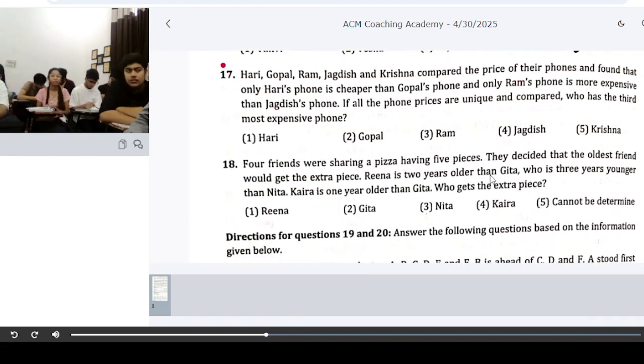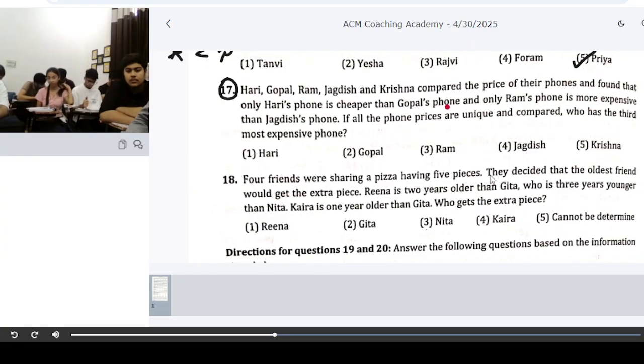Example number 17. It says, Hari, Gopal, Ram, Jagdish and Krishna compared the price of their phones and found that only Hari's phone, that means not the rest of the phones, is cheaper than Gopal's phone. That means Hari's phone is cheaper than Gopal's phone.